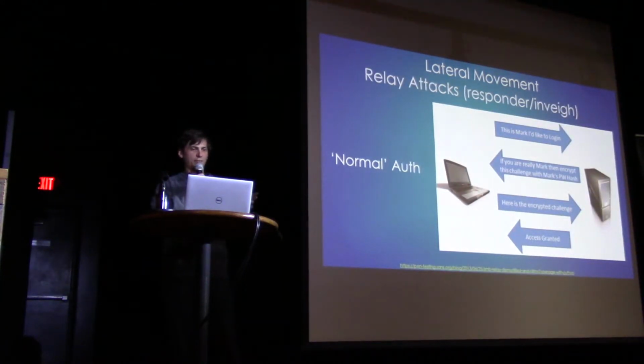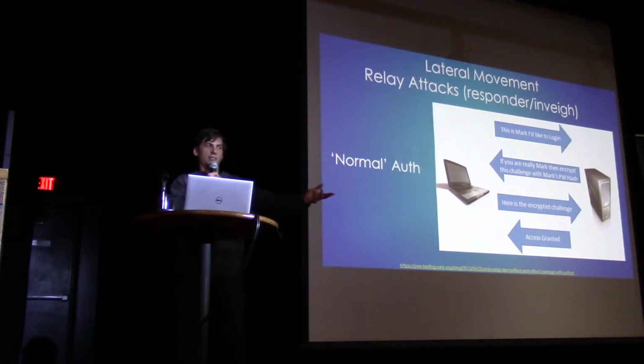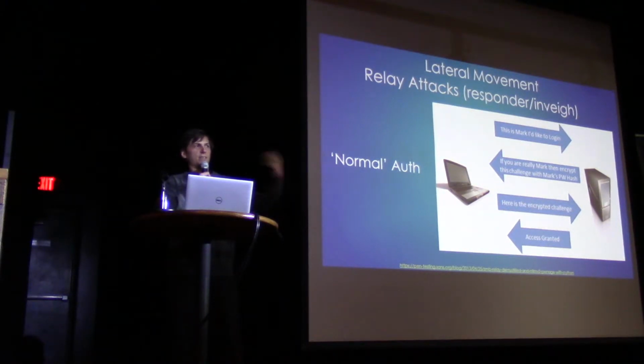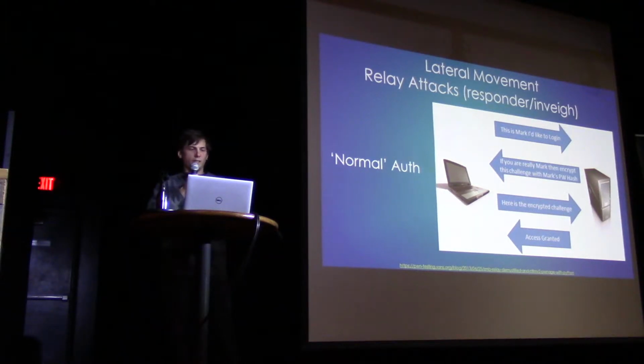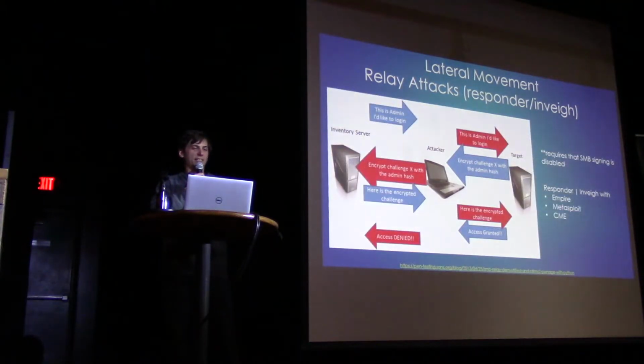A little bit into that without getting too deep: a normal authentication is when you want to access a resource on a different box, you say, I'd like to log in to that box, and it says, encrypt this challenge with your password hash, and you return the encrypted challenge. If it can decrypt that, you used the right password, and you can log in. What the relay attack does is man-in-the-middle that same thing.